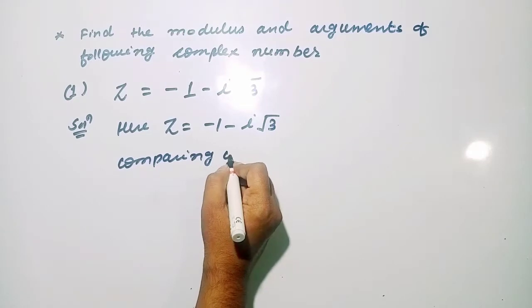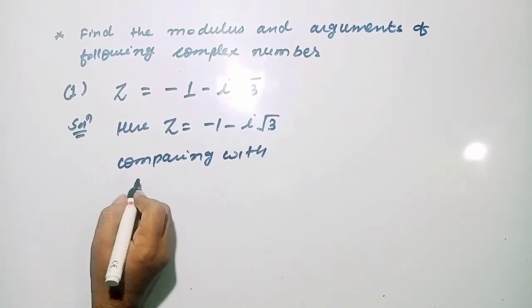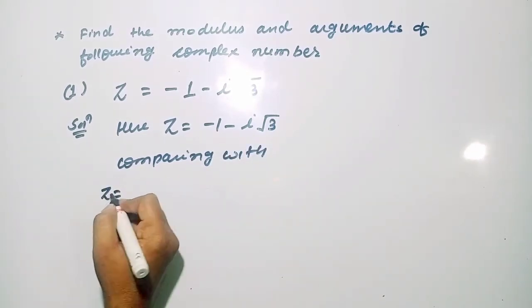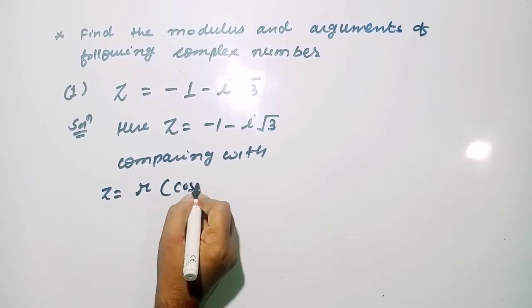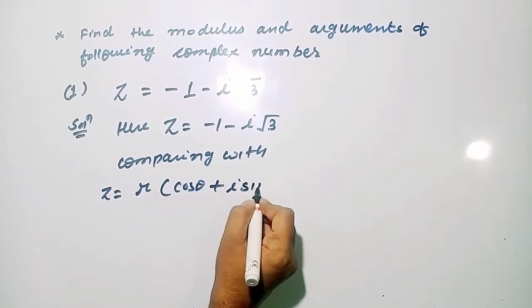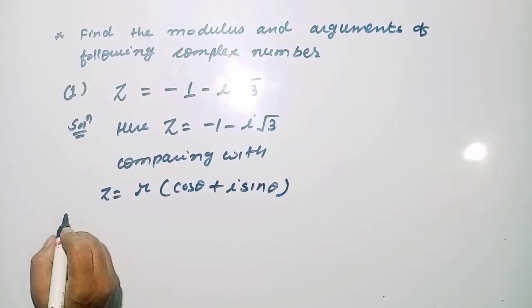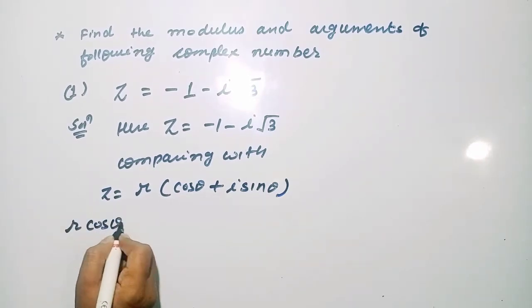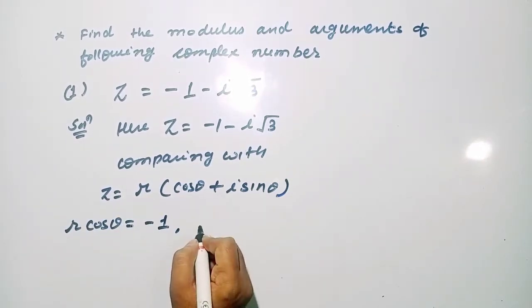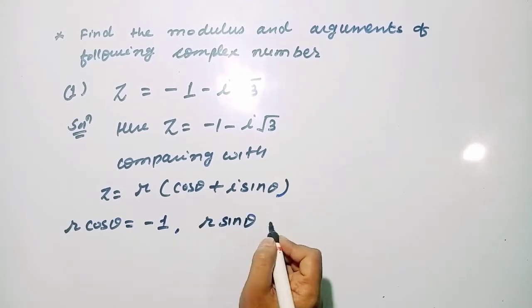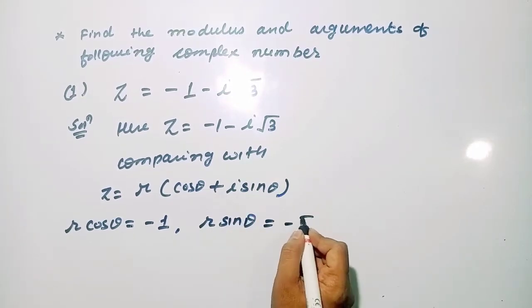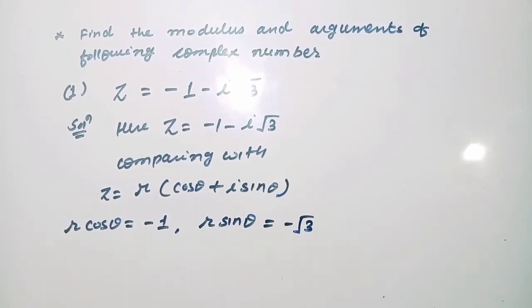Comparing this with the polar form of complex number, z is equal to r in the bracket cos theta plus i sin theta, we are getting r cos theta is equal to minus 1 and r sin theta is equal to minus root 3.